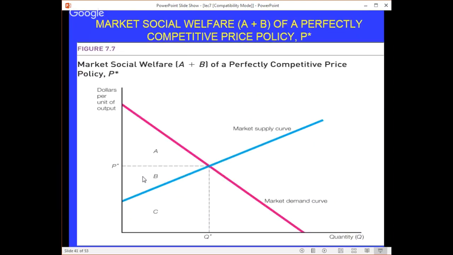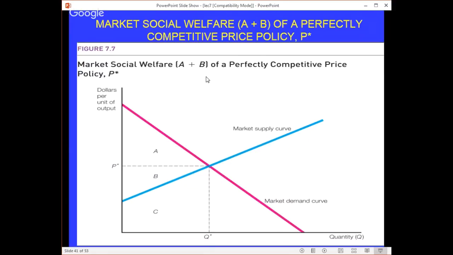Okay. So here it is. If I have a market demand curve and a market supply curve, A plus B, A being consumer surplus, B being, excuse me, producer surplus, economists tend to think of that as social welfare.